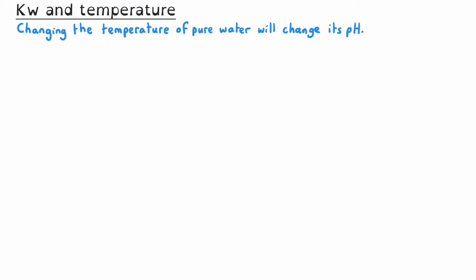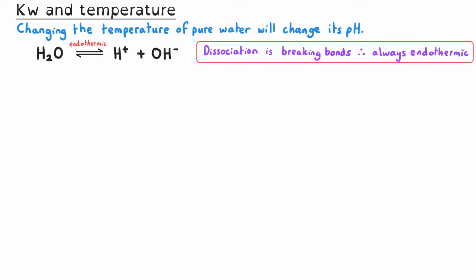If the temperature of water changes, its pH changes as a result. And this comes down to this dissociation equilibrium. The dissociation in the forwards direction involves the breaking of a bond. Breaking of bonds is always endothermic, and so the forwards reaction for this dissociation will be endothermic.